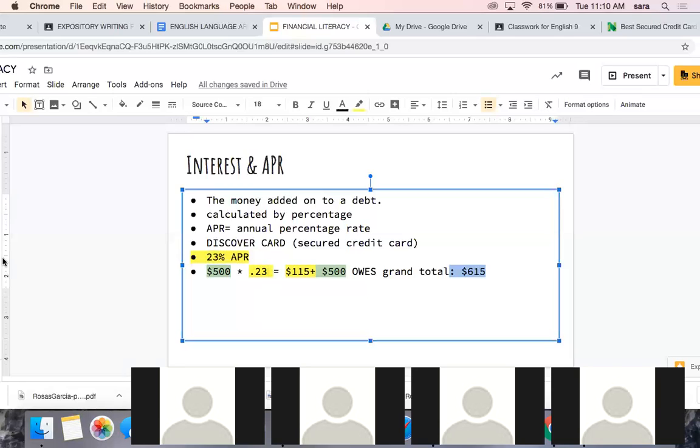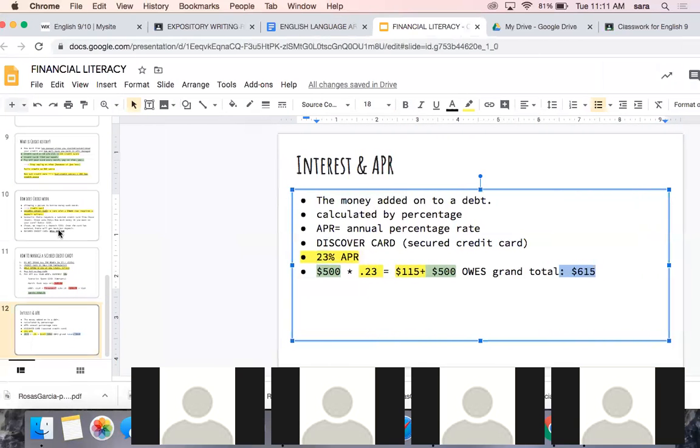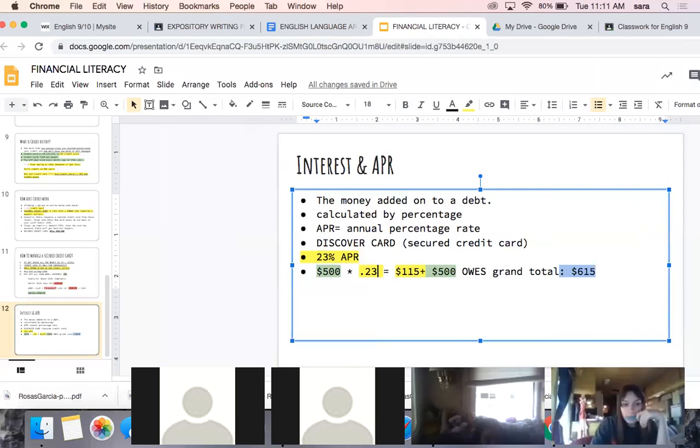Like the scenario that we were talking about with Ruby. Ruby got a card for 150 bucks. That's enough to start building her credit. You don't need a high debt card to build your credit. That's a lie. You also don't need to buy a car from a lot or a dealer to build your credit. That's another lie, okay? Is that clear with everybody? So no need to go into debt in order to build your credit.